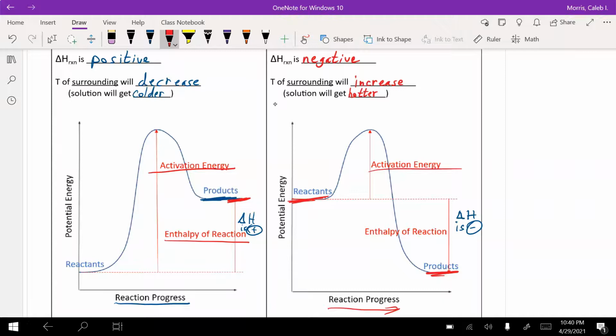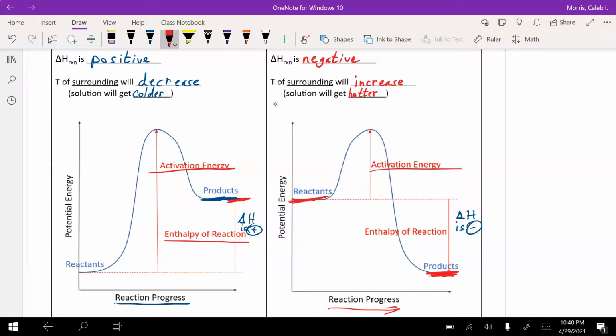But then afterward, you can see that the reaction's potential energy continues to decrease until it levels off where the products are, and the product's enthalpy is lower than the enthalpy of the reactants. That's how we know that this is an exothermic reaction, based on the shape of the diagram.